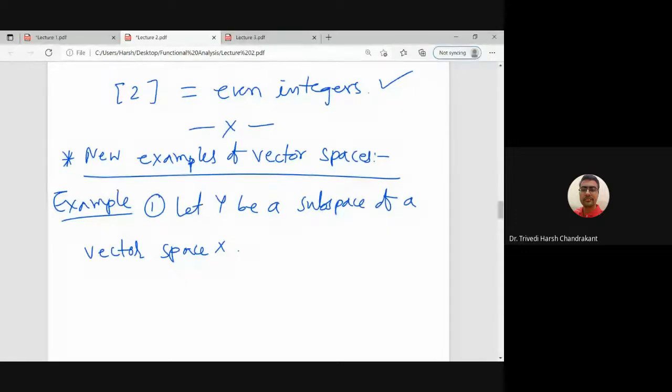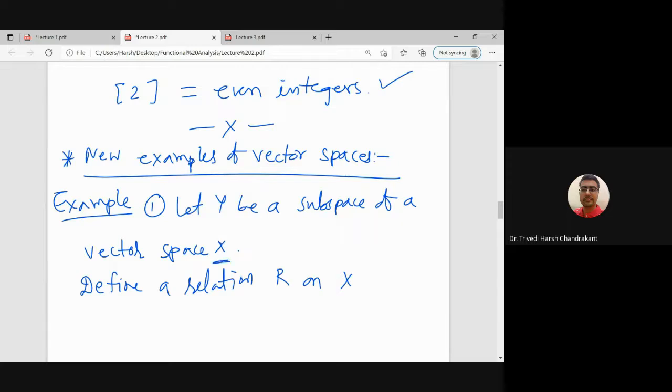So how do we define equivalence classes in this case? First of all, we need to define a relation R on X. So what is X? X is a given vector space.